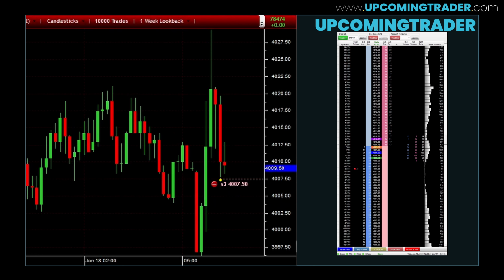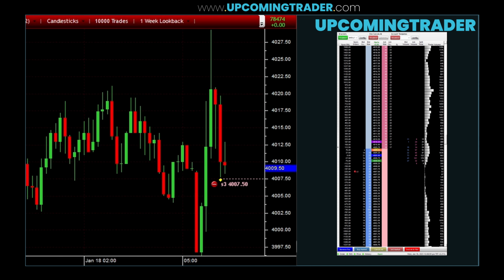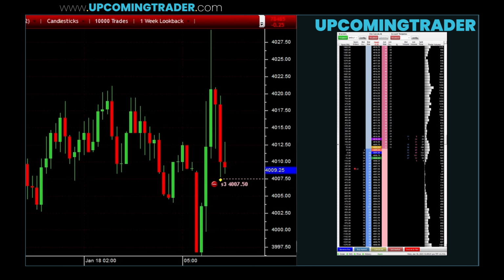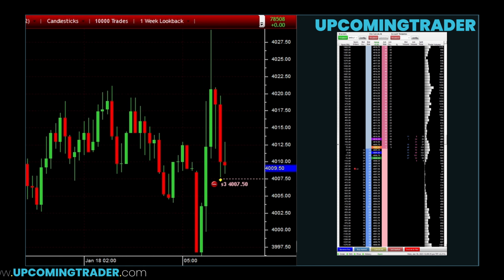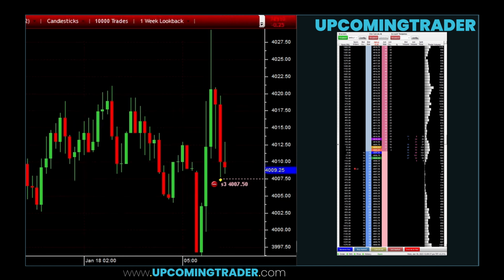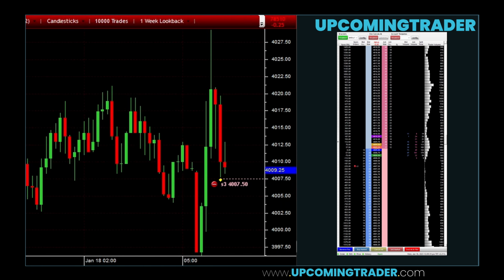Another interesting approach is volume divergence. Volume divergence occurs when price movement and volume are not aligned. For instance, if the price is reaching new highs but the volume is decreasing, it can signal that the strength behind the price movement is weakening and a reversal may be on the horizon.